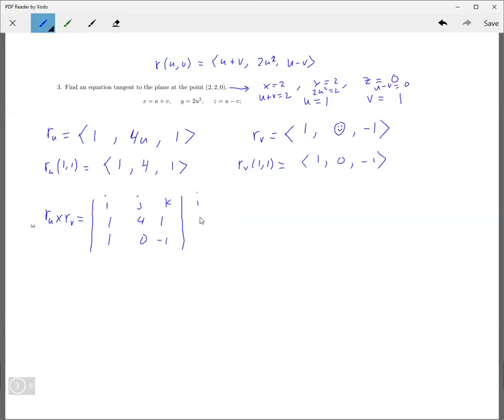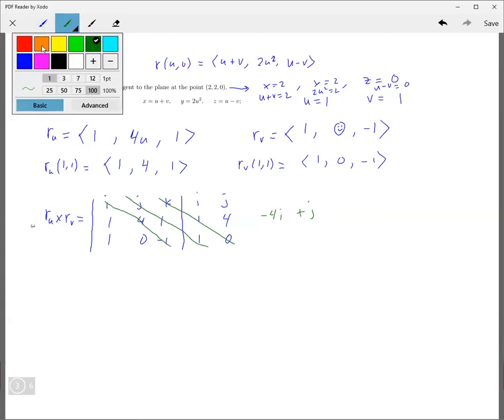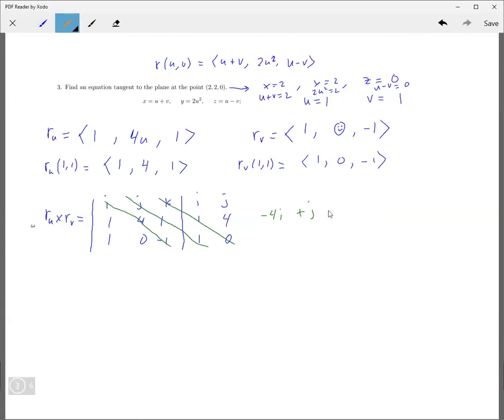As is customary, I'll copy on the first 2 columns. Going down this way, we have -4i, plus j, and that's 0, so that's gone. Then going back, minus 4k plus 0, and then minus j.